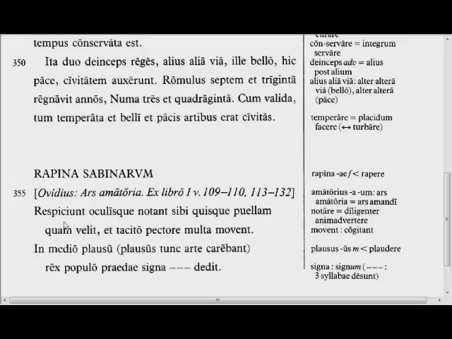And if you said it fast, it would be "respiciunt oculis que notant sibi quisque puellam."